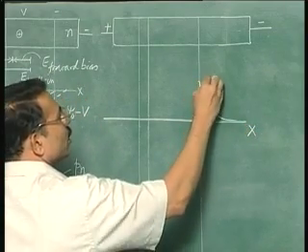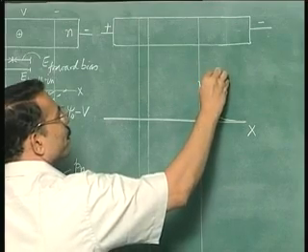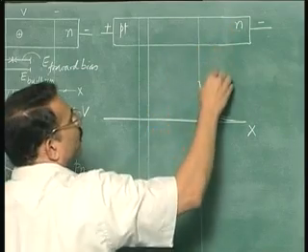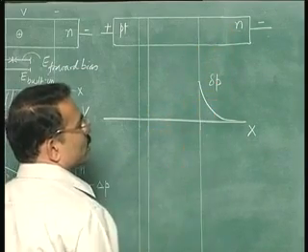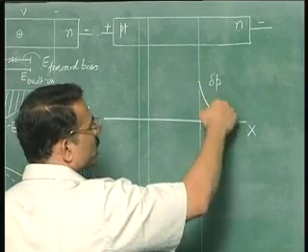So what we will call this is delta P. Since this is n region, we plot excess minority carrier concentration. This is an exponential decay.